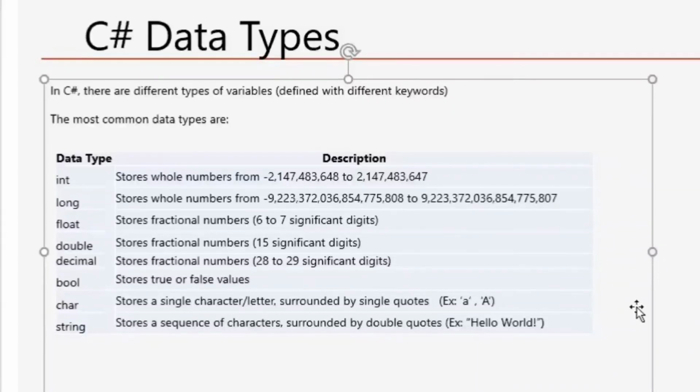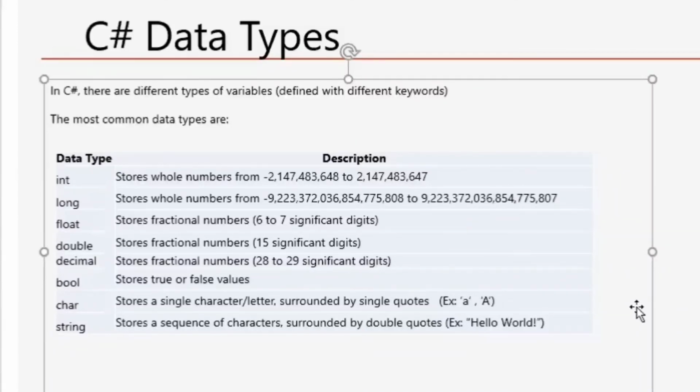When we assign values to a character data type, we should use single quotes. For example, small a or capital A are characters.